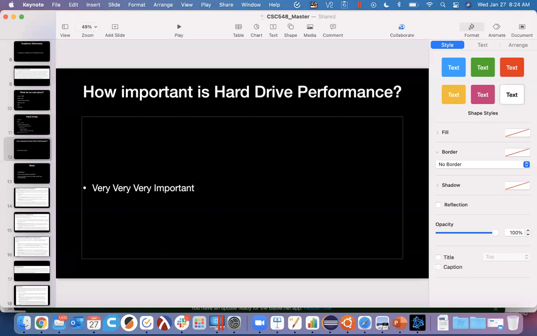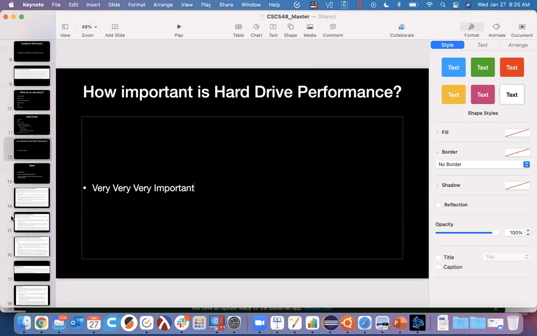So whenever something isn't available that needs to be moved into system memory, it needs to hit the hard drive to copy that into system memory. And the faster the hard drive can communicate with the system memory, the faster the machine will feel.